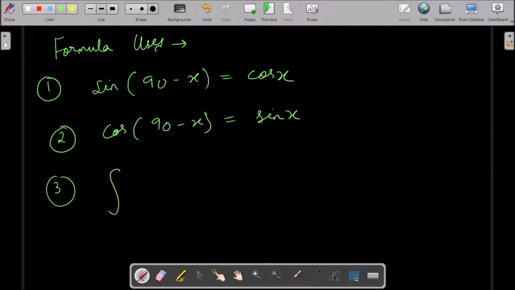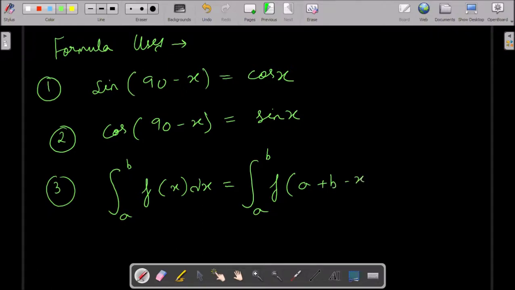That is the property: integration from a to b f of x dx equals integration from a to b f of a plus b minus x dx. Okay, so now we will do the question.